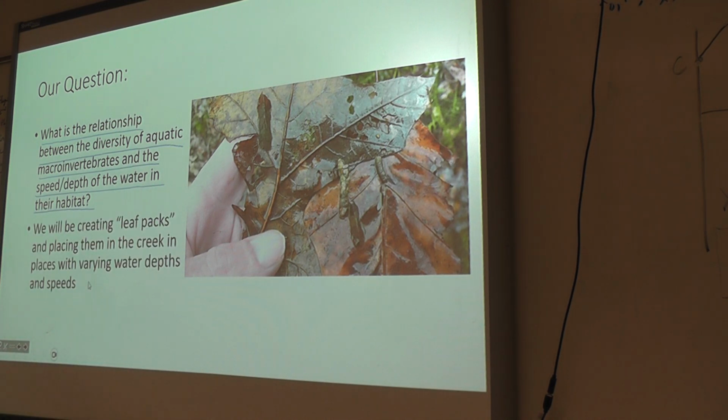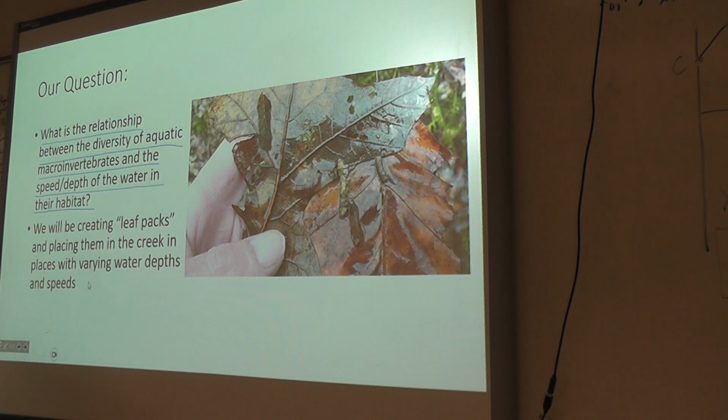What we're gonna do, and this part you don't have to write down, but just sort of file this away. What we're gonna do today is we're gonna get a bunch of leaves, and we're gonna attach them to a brick, and then we're gonna get that brick in the water, and we're gonna put our bricks in places that are either fast and shallow or slow and deep, and we'll have a variety of places so that next week when we look at our data, we'll have a bunch of information from places that were slow, deep habitats and a bunch of information from places that were fast and shallow habitats.